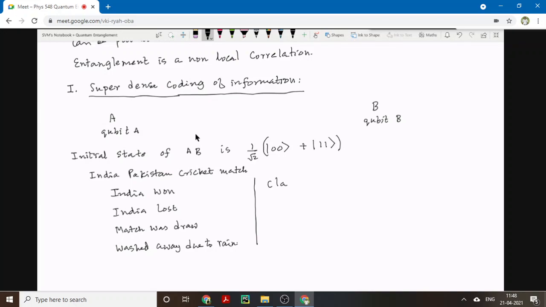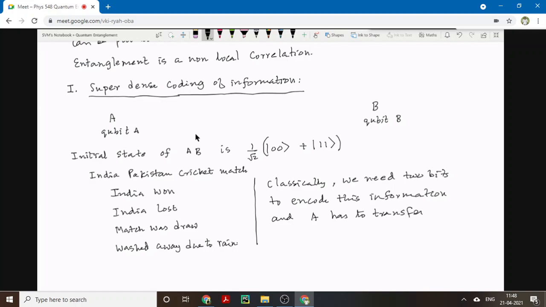Classically, we need 2 bits to encode this information, and A has to transfer 2 bits of information to B.